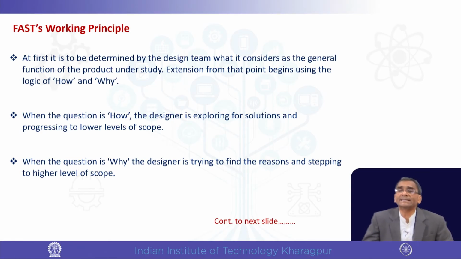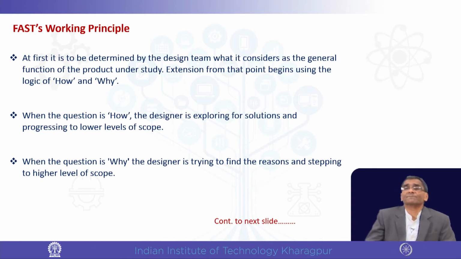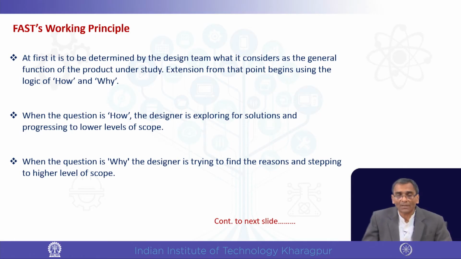So, in a sense, every function may be considered to have preceding functions and subsequent functions. It is based on the logic, as I said, of how and why. Of course, there is another thing called when, but these are the two main props, how and why.